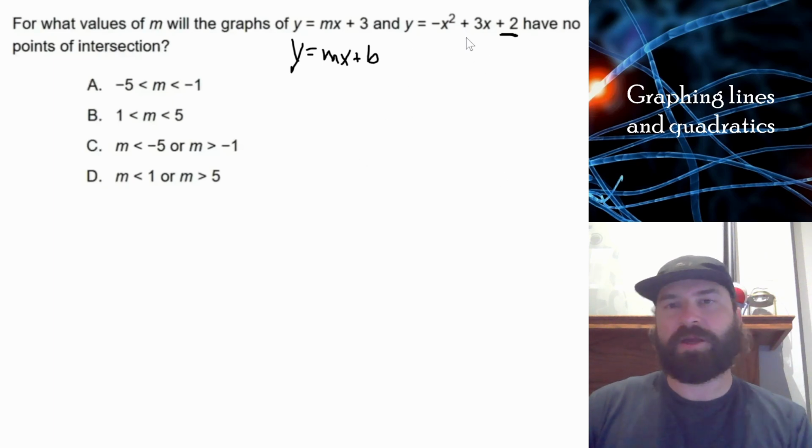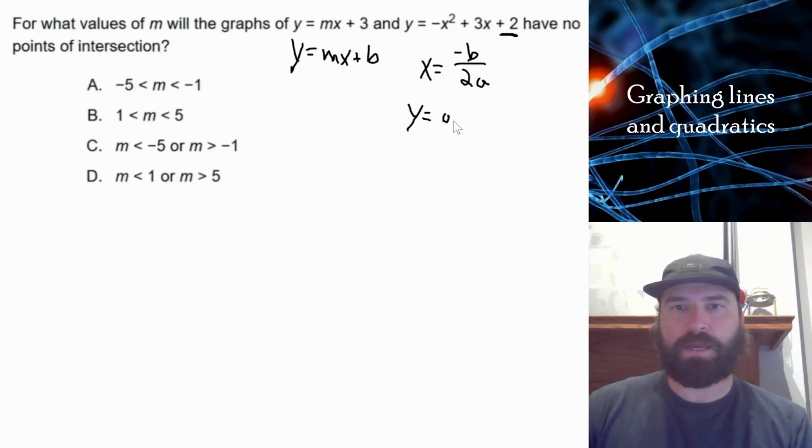To give us a better idea of what this parabola looks like, we can figure out the axis of symmetry of a parabola by using the equation x equals negative b over 2a, where the standard form of a parabola looks like y equals ax squared plus bx plus c.